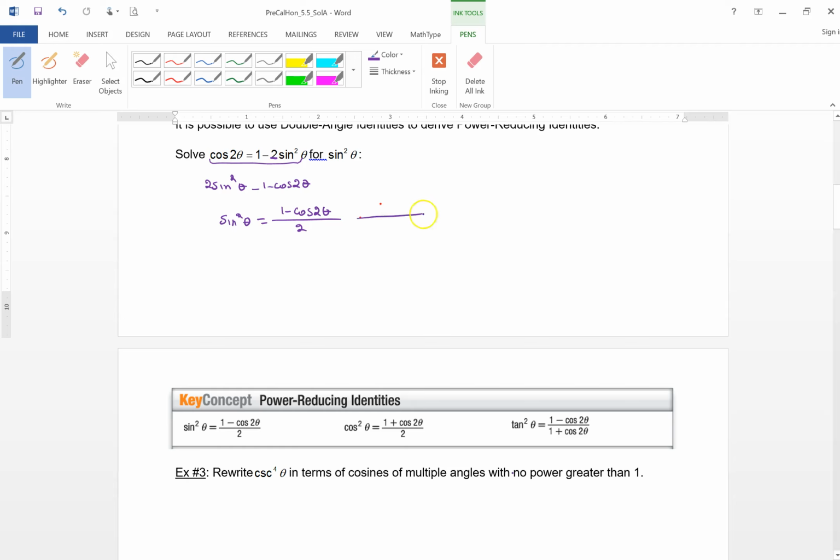So we use this to eliminate or reduce powers, and that's why it's cleverly called a power reducing identity. So it doesn't come out of the blue. It's just the ones from the previous page rearranged.